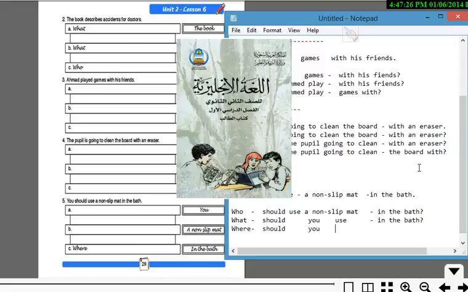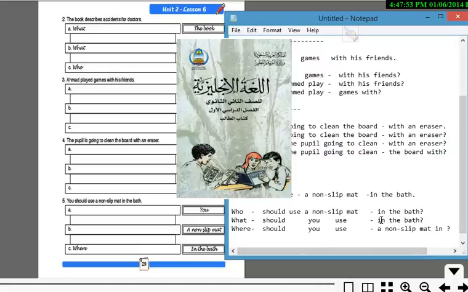Where should you use a non-slip mat? We're going to keep the same word as in a non-slip mat. So there you go. Where should you use a non-slip mat?